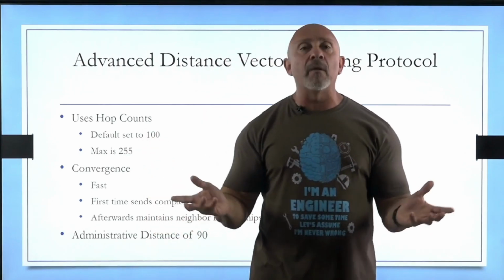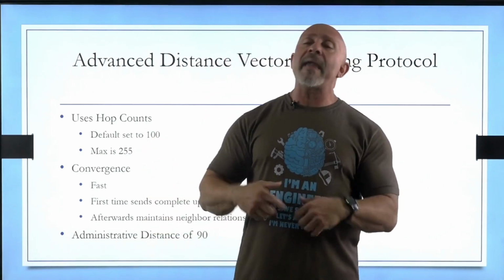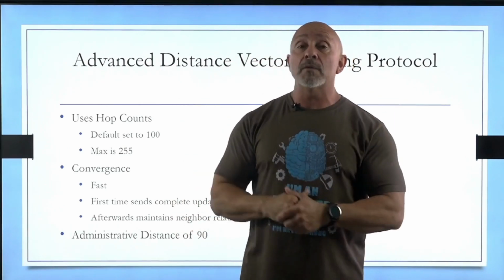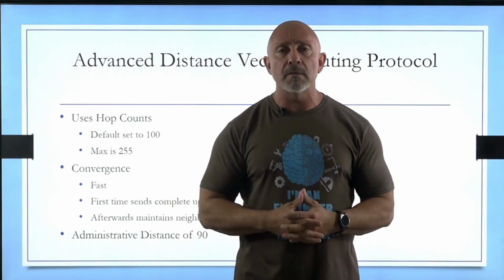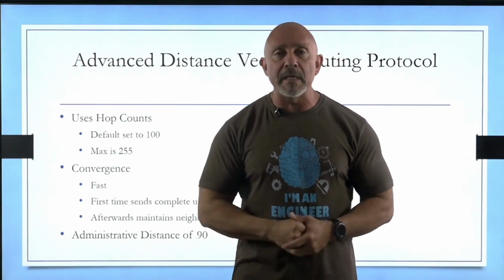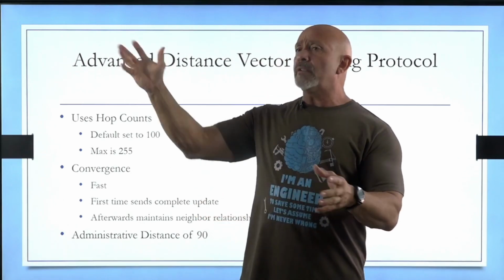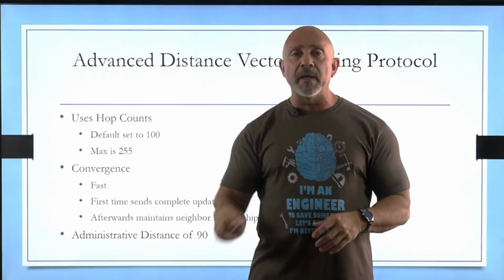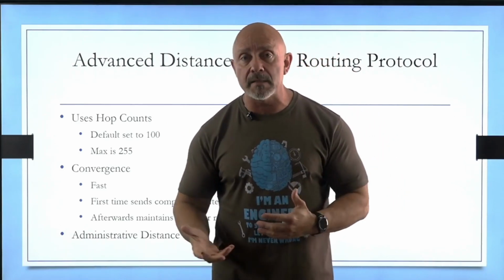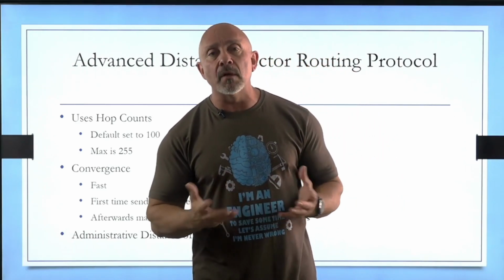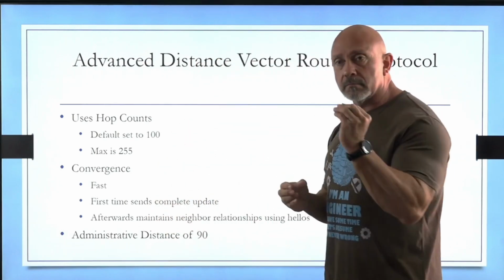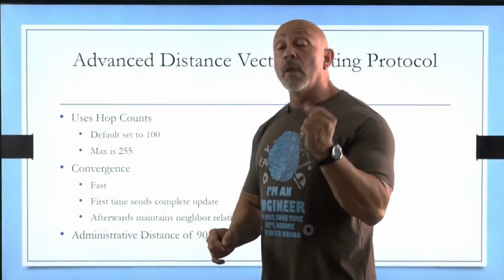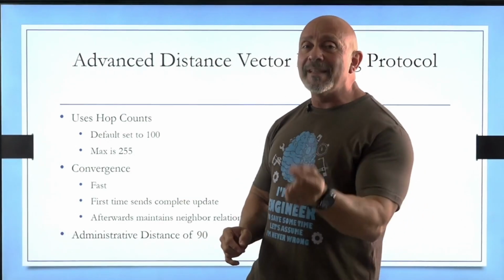So I'll draw a diagram and I'll say, if I configure these 3 routing protocols, RIP, OSPF, and EIGRP, which out of these 3 will make it to the routing table? And I'll put all sorts of different answers that kind of make sense. But there's only one thing that's going to make that choice, and it's the administrative distance. Because the lower the number, the more believable the route.